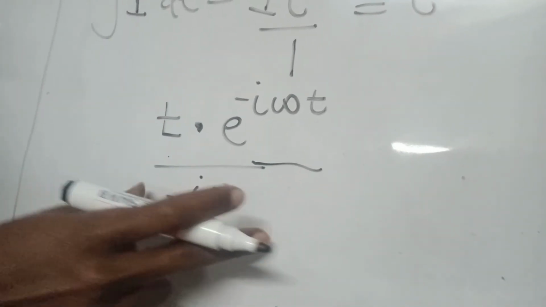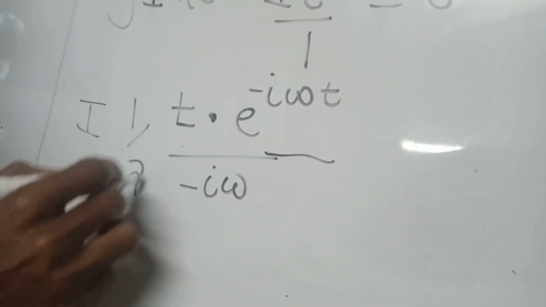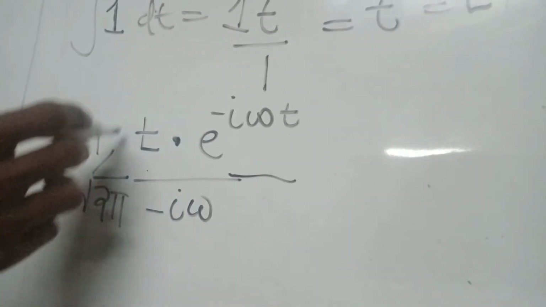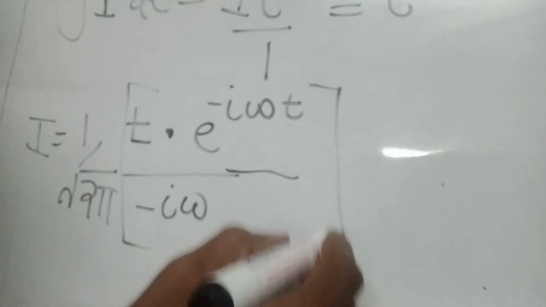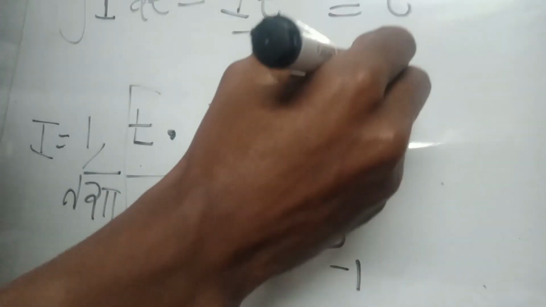This now is our integral that we have gotten. Now don't forget the 1 over square root of 2 pi, all of it. Remember we have our limits, that is negative 1 and 1.